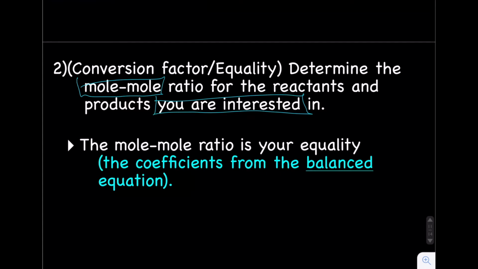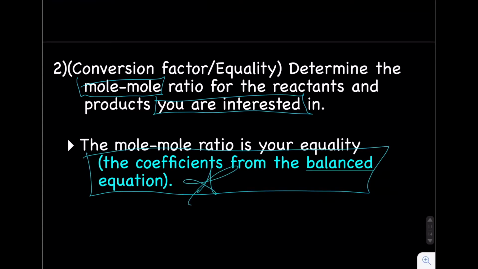The mole-mole ratio is now going to be our equality, just like we were using 1 mole equals 6.022 times 10 to the 23rd, which we're not going to use this time, but same idea. And remember, this is important, the coefficients come from the balanced equation. So we've got to first find what we're interested in, and then look at the balanced equation to find our equality.